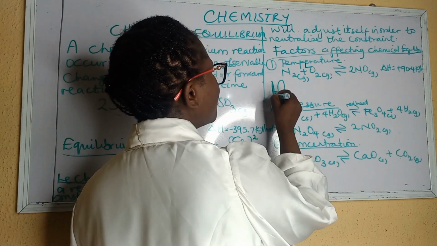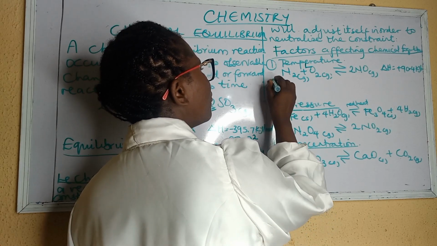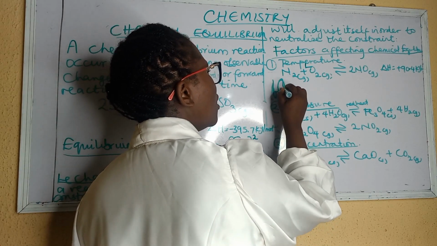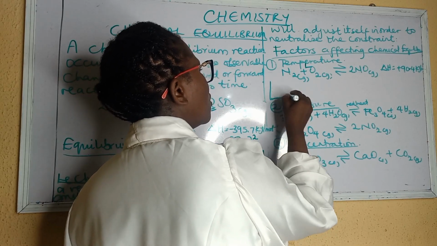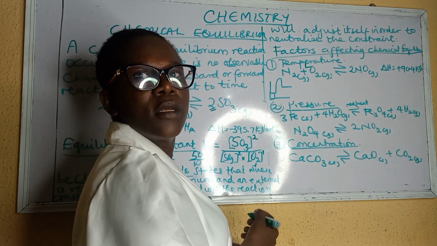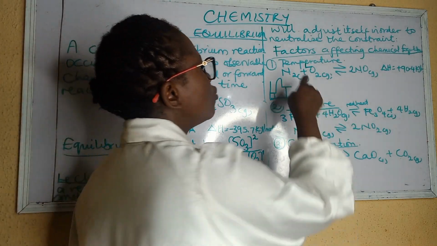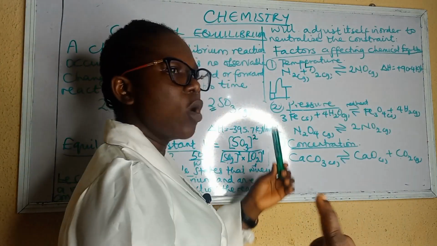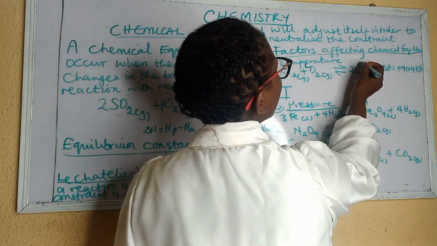From what I drew here, the level of temperature is lower compared to this level. Let me draw it well. Compare this with this. So at the beginning, low temperature is required. Now, for the backward reaction to form reactant back, high temperature is required.